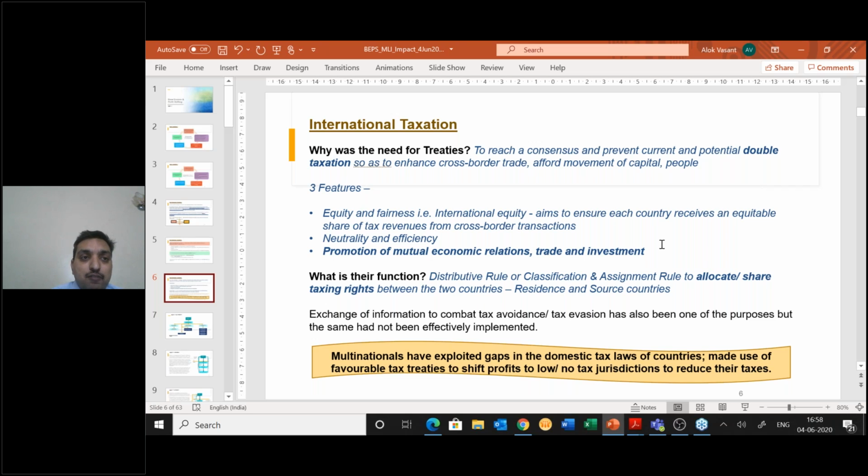While the multinationals reduced their effective tax rates to almost negligible amounts, countries which had to spend a lot on infrastructure and other areas were feeling the heat because they didn't have sufficient tax revenues.